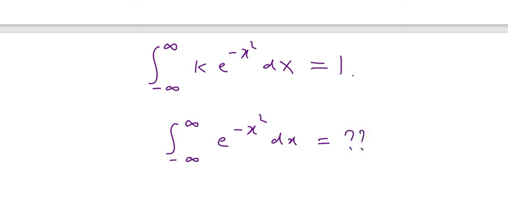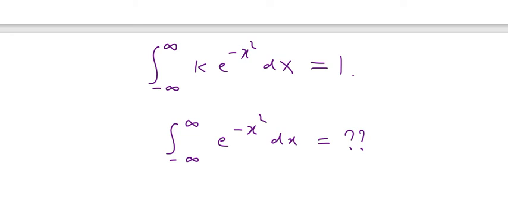So if we find this integration, then this k is 1 over this number, right? So how can we find this integration? Okay, so we have some difficulty with this one. Like if it were x squared, it is easy, right?